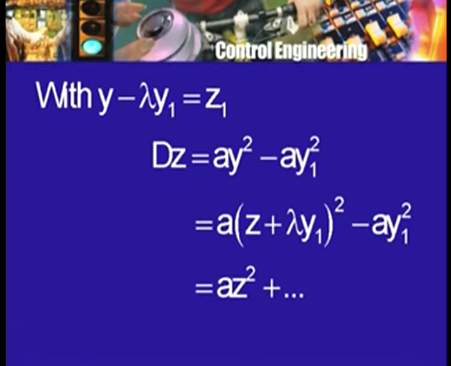And from this now I can express, let us say, y in terms of y1 and z. So, y is z plus lambda y1, and so dz equals a times this, which of course is squared. So, I will get dz equal to a z square plus something something.